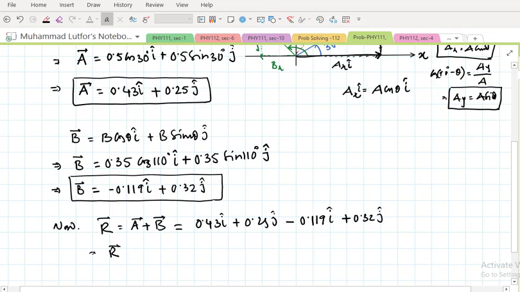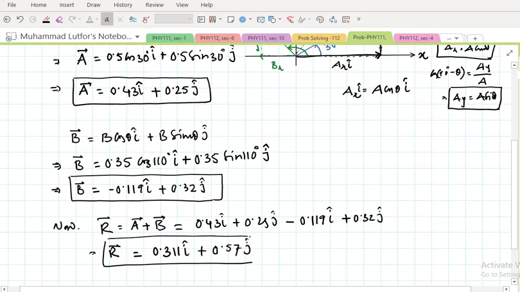If I do that, I will find this resultant vector would be 0.311 i hat, because 0.43 minus 0.119 is 0.311, plus 0.57 j hat. So this is actually that resultant vector.